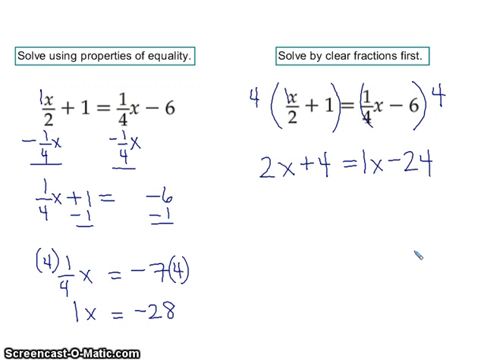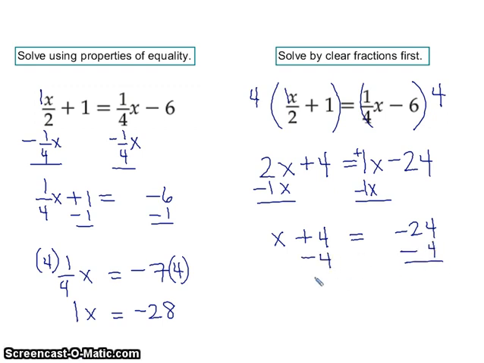Then we work with our variable term first. Remember, there's an implied positive in front of this 1. So I'm going to subtract 1x from both sides. And that gives me x plus 4 is equal to -24. And then my final step is to subtract 4.